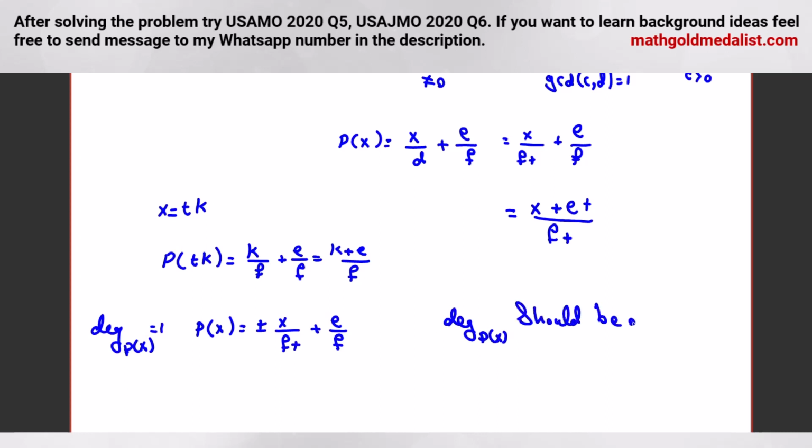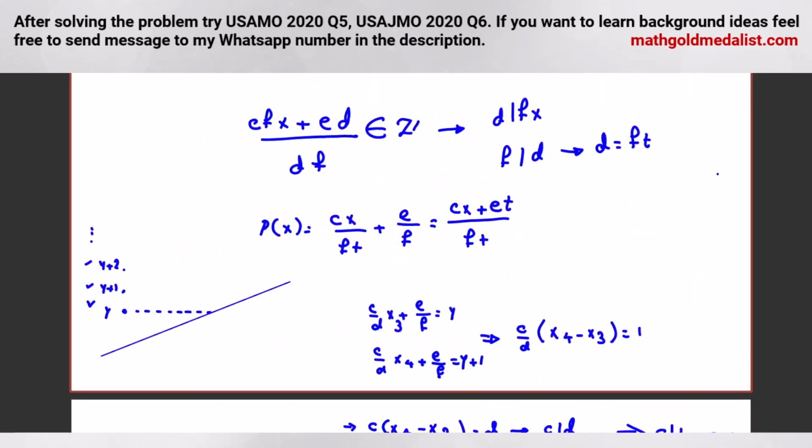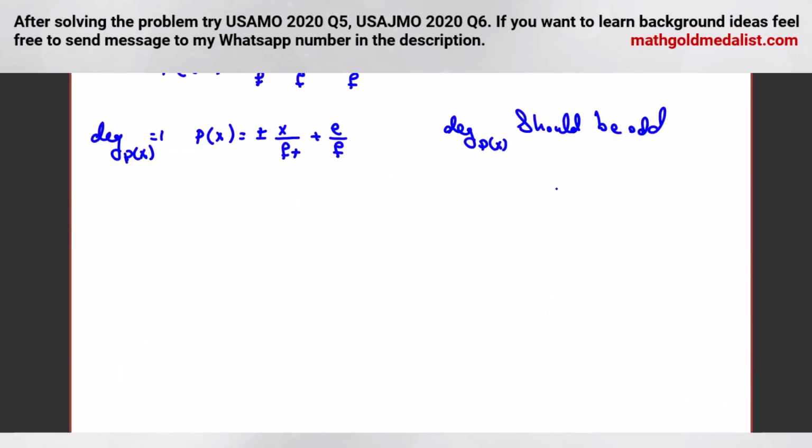Now, let me tell you a hint for odd numbers. To use that from somewhere, we should cover all numbers. Why? Again, do you agree when degree of p of x is odd? We can consider, without loss of generality, it like opens up.